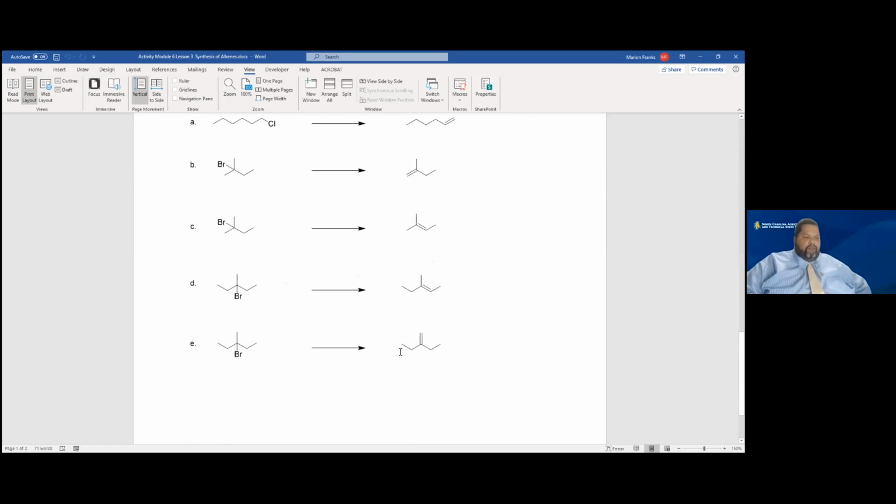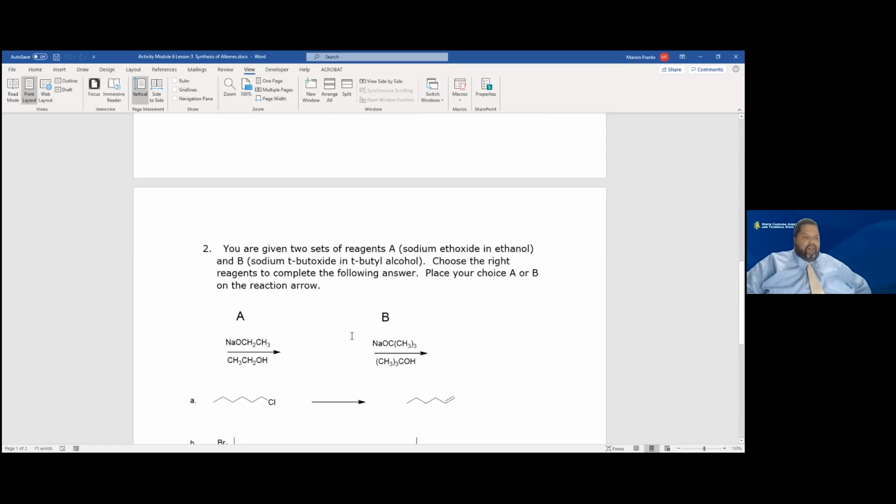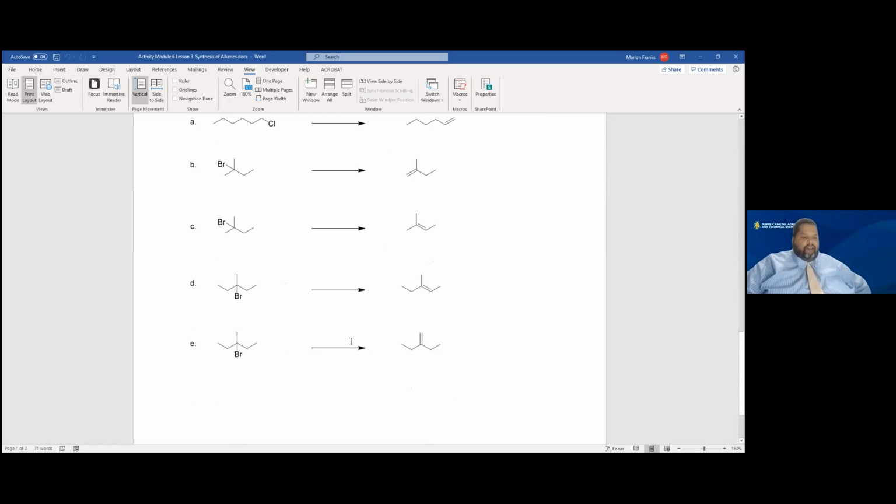The student is expected to know which of these conditions should be used to lead to the products. By doing this, it sets the table for the student to understand both mechanism and also to get them prepared for their next learning objective.